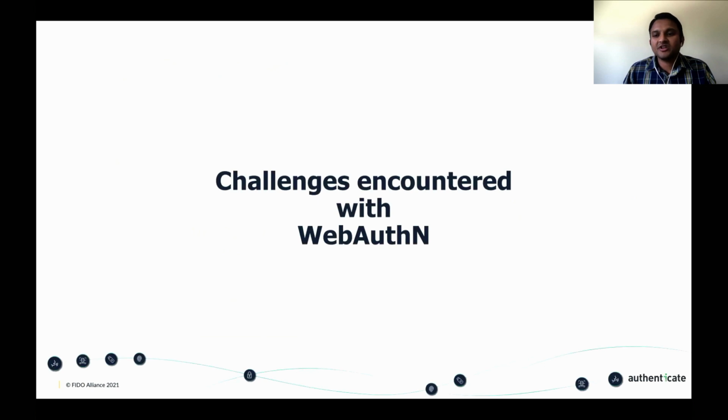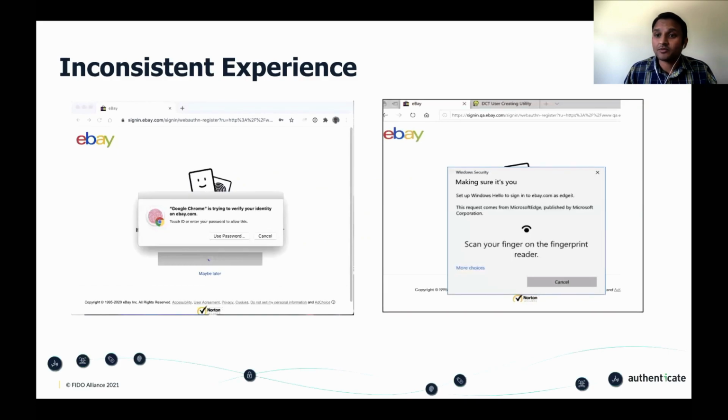Well, the journey towards this stage was not that easy. We have faced several challenges with our WebAuthn deployment, and let's take a look at some of them. First and foremost, inconsistent experience. We faced a lot of inconsistency between major browsers and major platforms. For example, the content shown to the user, the size of the modal, the buttons, the labels, etc., they all differ.